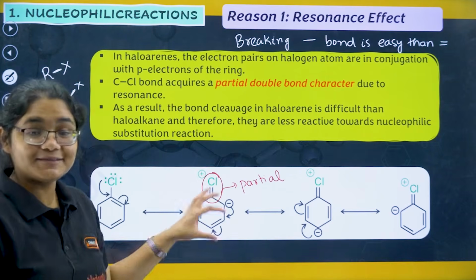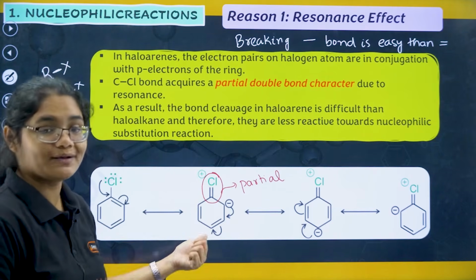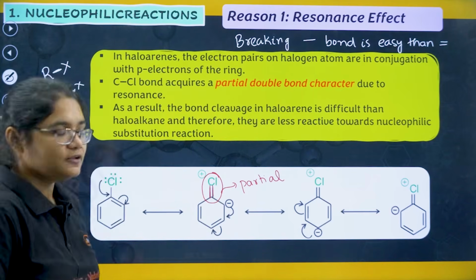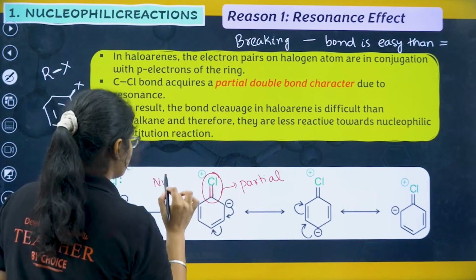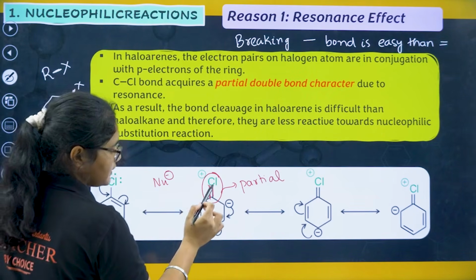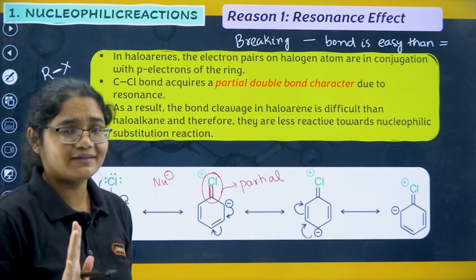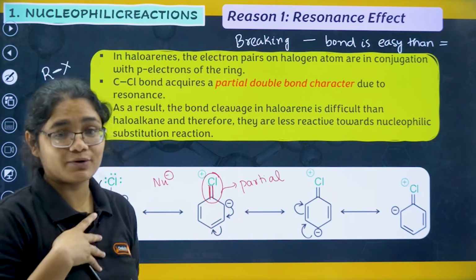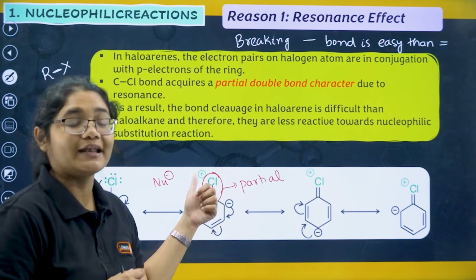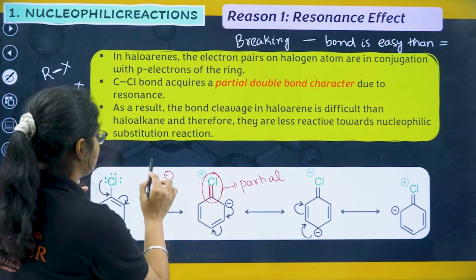Now since this partial double bond is created, we have just discussed that breaking this bond will now be difficult. So when this nucleophile comes, it sees that there is a double bond, and says, I cannot break that double bond, I have the power to break only a single bond. So the nucleophile goes back.